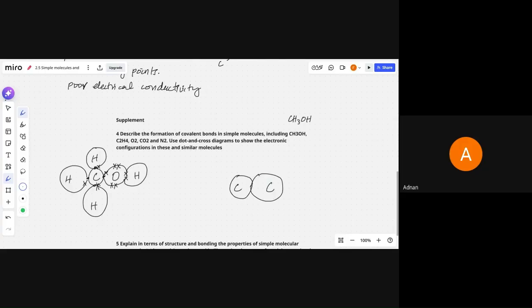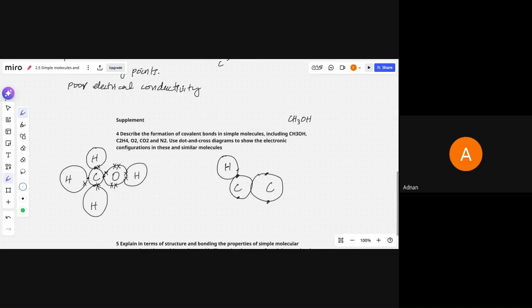Now you can see that we have four hydrogens, so two will be connected to each carbon atom.